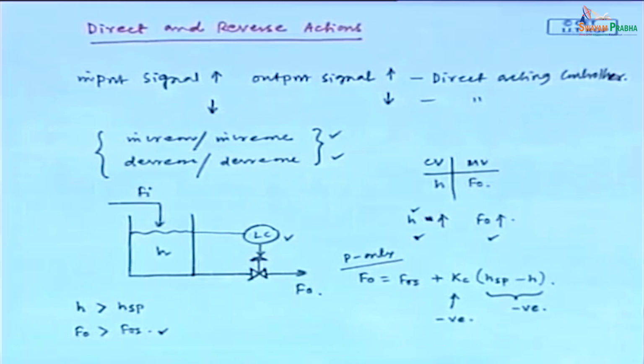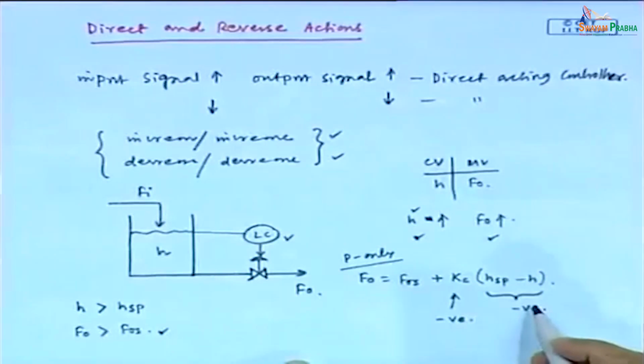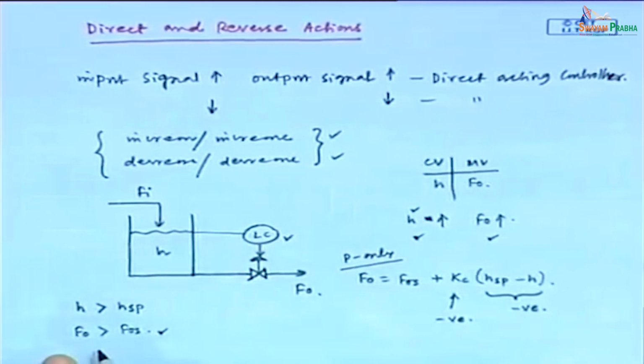Fine. If height goes above the set point value of h, then from this equation it is clear that the error becomes negative. Now, the controller is required to maintain F naught greater than F naught s. That is only possible when Kc is negative.